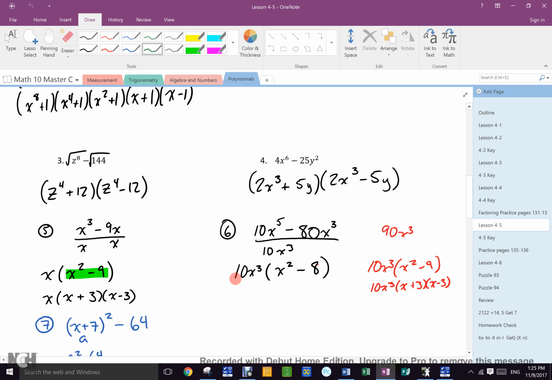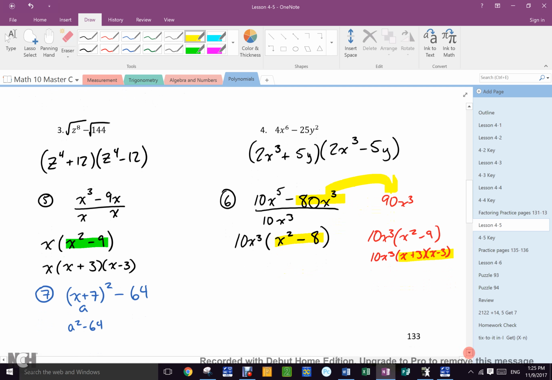So we factored out our 10, but we ended up with x squared plus 8. Could we go any further there? No. Why? 8 has no perfect square. And then I said, what if I changed this to 90? Then it would have been x minus 9, and then we could have gone further. Was everybody good there?